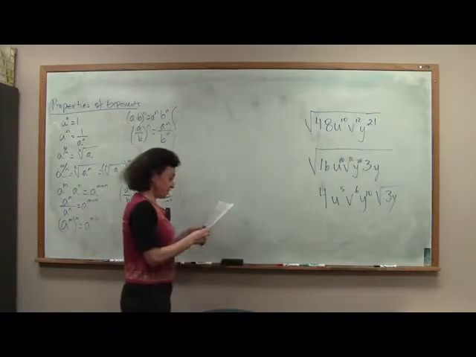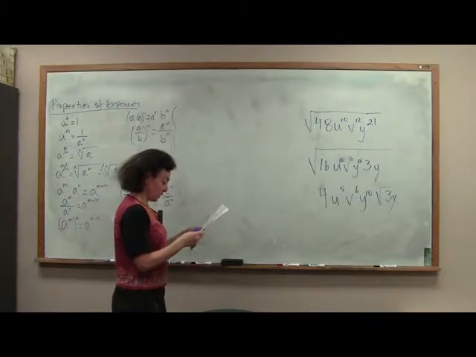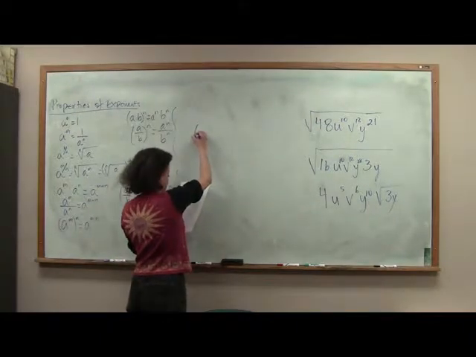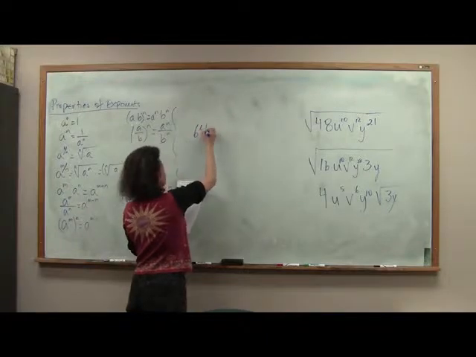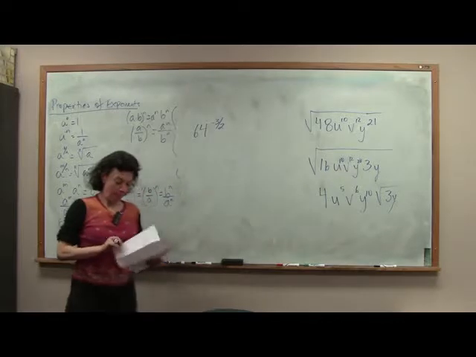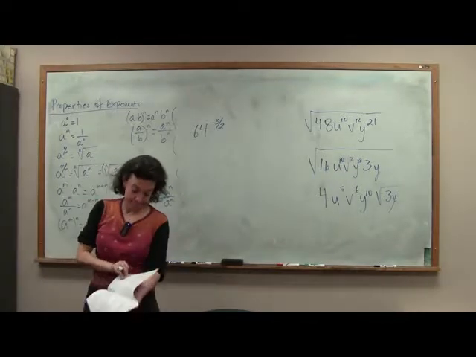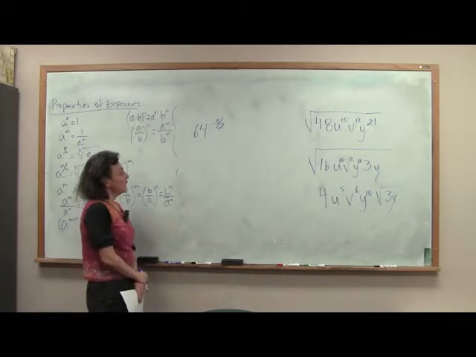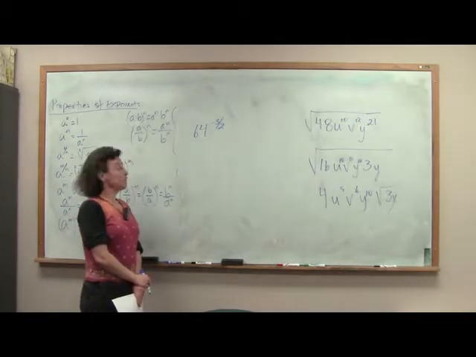So let's just do a few more. What if I have 64 to the negative 3/2 power? Well, what would we do here?